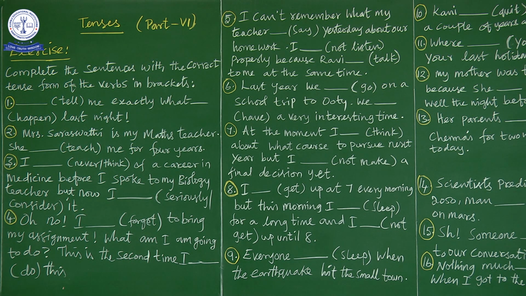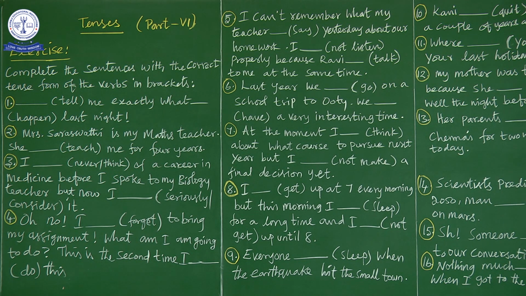In the previous classes, till part 5, we discussed all these 12 tenses with the sentence structure, usage, keywords, examples and exercise. Today we are going to discuss all 12 tenses together.